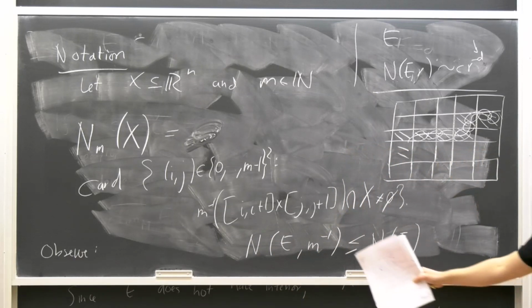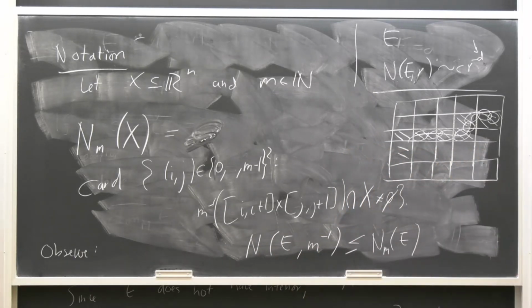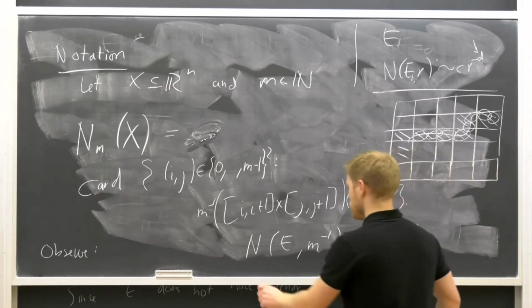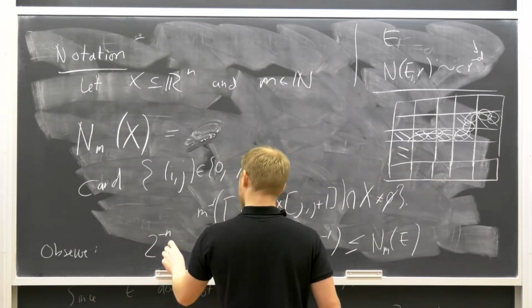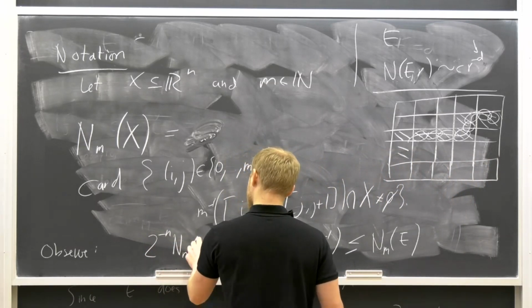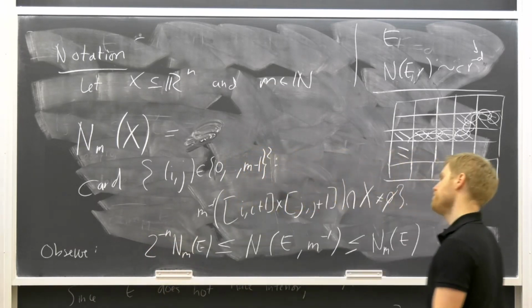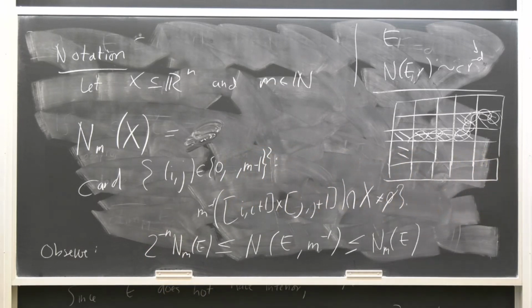You're allowed to take any boxes, and here you have to restrict yourself to the ones in this grid. But you can check that that is again bounded from below by this.